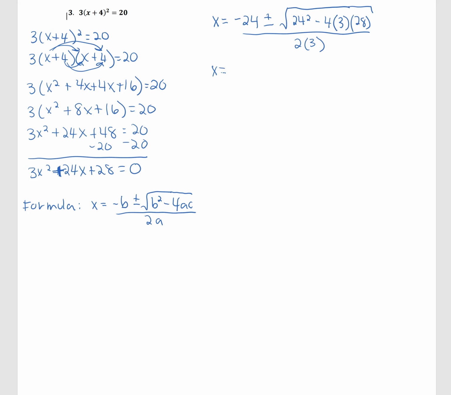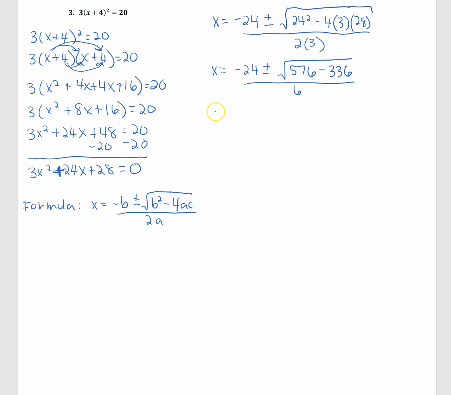We have negative 24 plus or minus the square root. 24 squared is 576. And 4 times 3 times 28 is 336. And on the bottom, I have 2 times 3, which is 6.